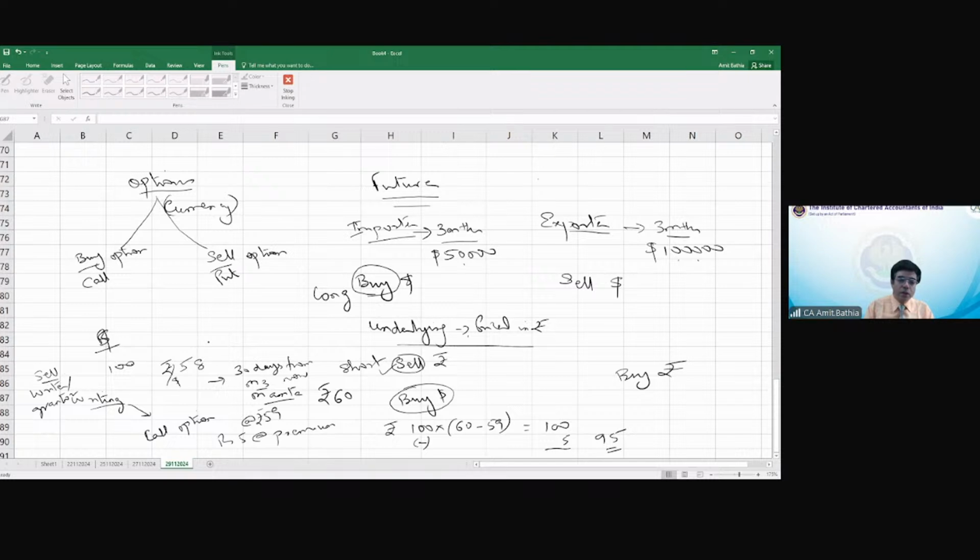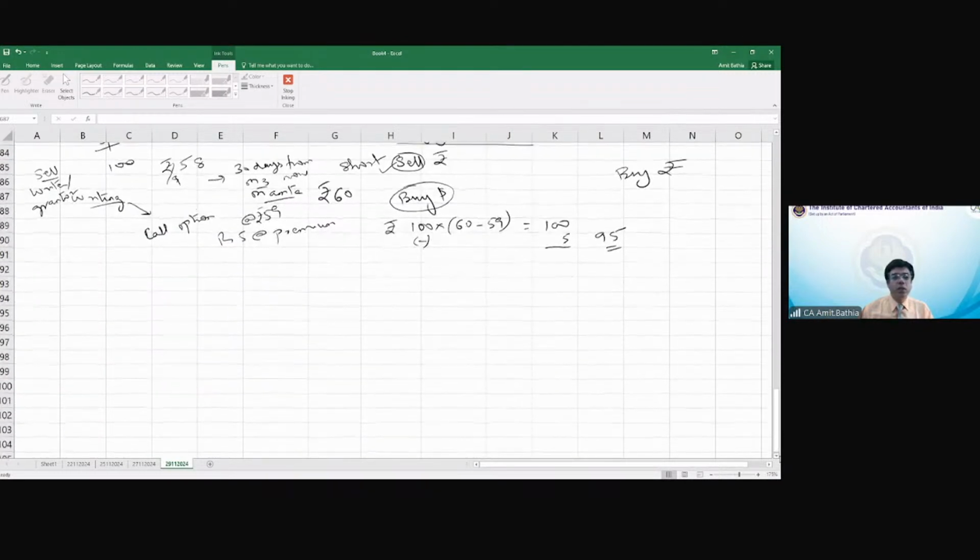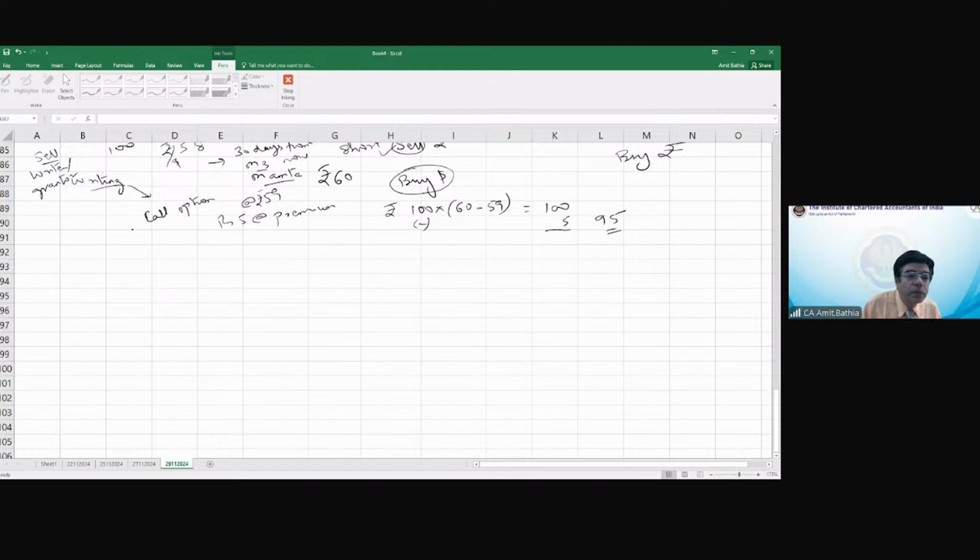Yes, sir. Now, the same concept is applicable whether you are writing a call option or providing a put option. So let me take an example of a put option. Now I am selling a put option.